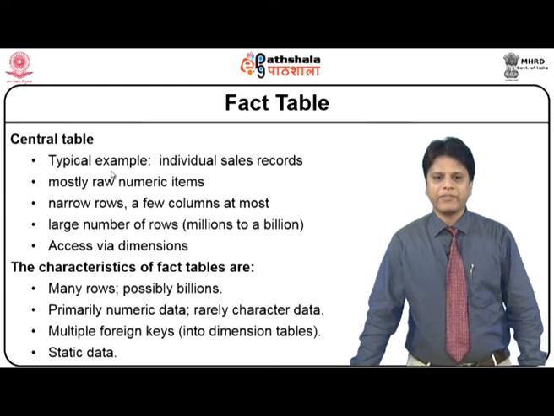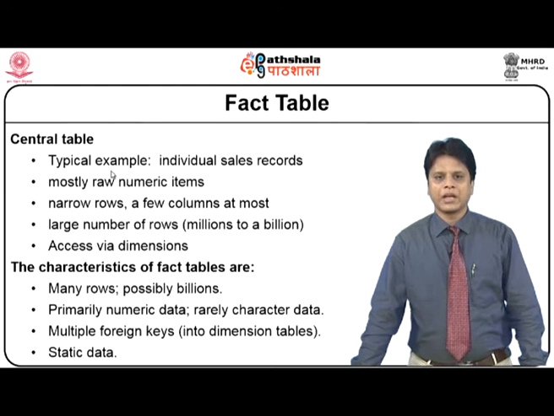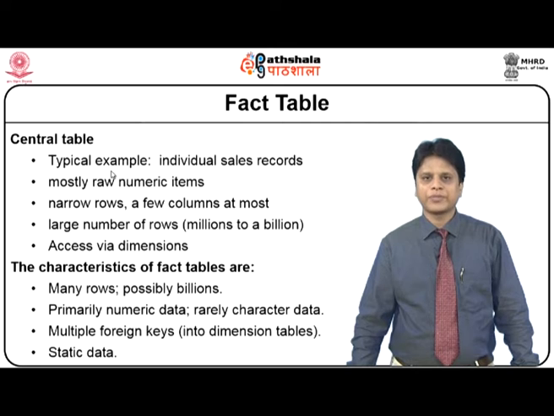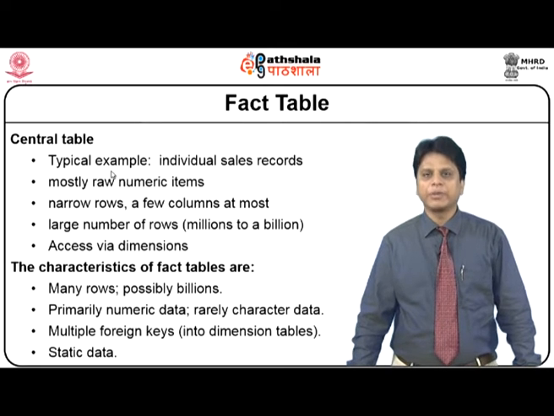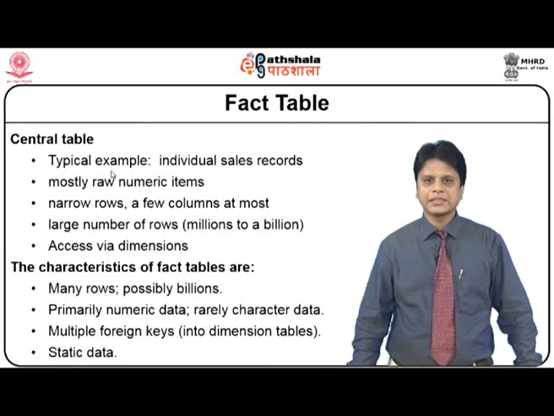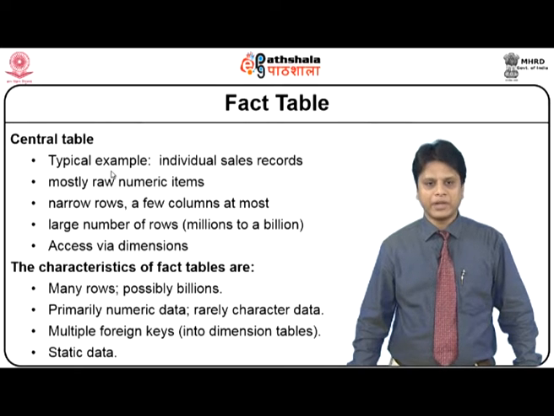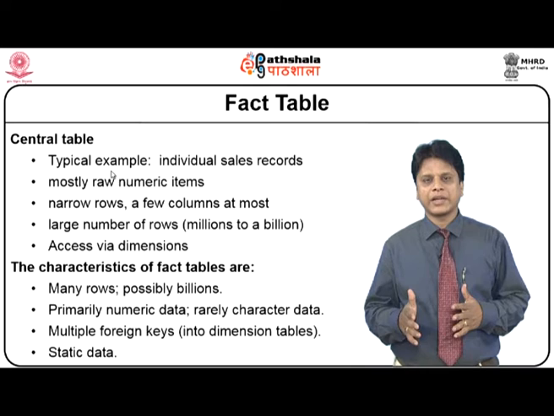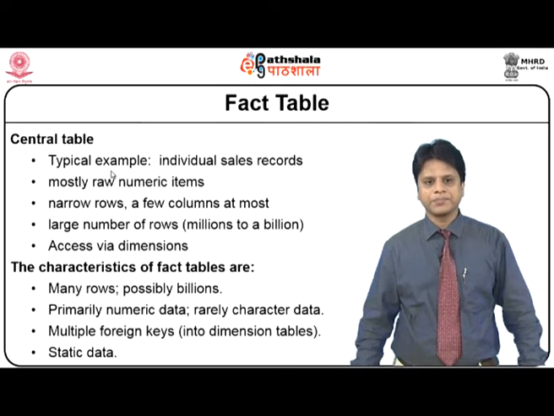And this will have narrow rows, a few columns at most, and a large number of rows, million to billion, because it involves multiple dimensions, and it is accessed via different dimensions. Like dimension tables, these fact tables have their own characteristics.